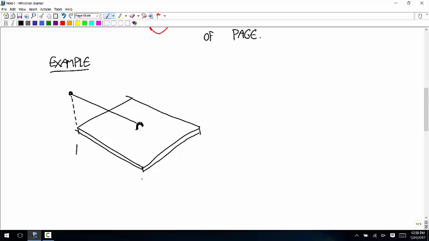Let's say this length is 2 meters. This length is 2 meters. This height is 1 meter.